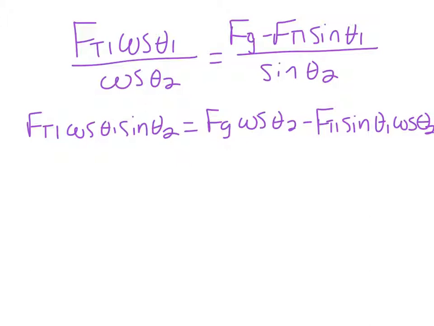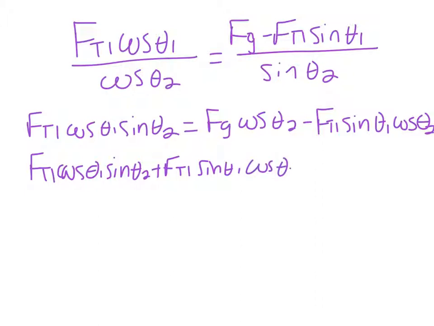The only unknown here is Ft1, so I'm going to get my Ft1's over to the same side to isolate. Ft1 cosine theta 1 sine theta 2 plus Ft1 sine theta 1 cosine theta 2 equals Fg cosine theta 2.